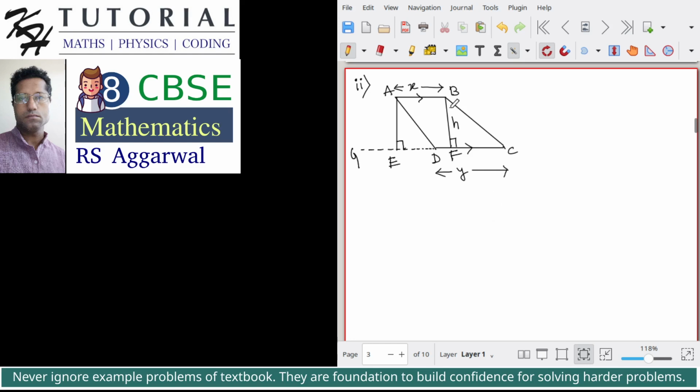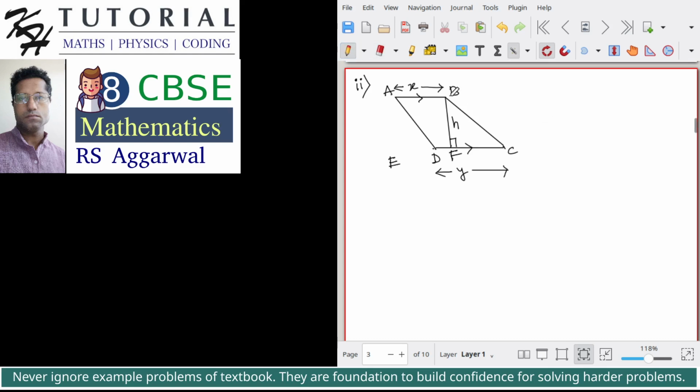Now, we can see that we have formed two triangles. So the trapezium is ABCD. I think it will be better if we draw the perpendicular from C to the side AB.